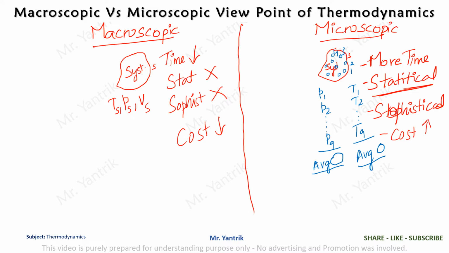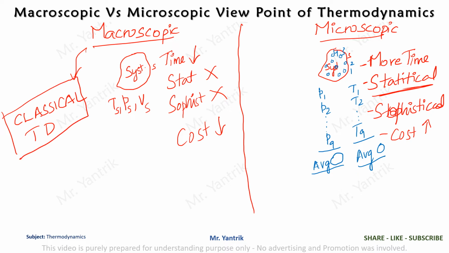So finally, we can say that the macroscopic viewpoint of thermodynamics can be considered as classical thermodynamics, whereas the microscopic viewpoint of thermodynamics can be considered as statistical thermodynamics.